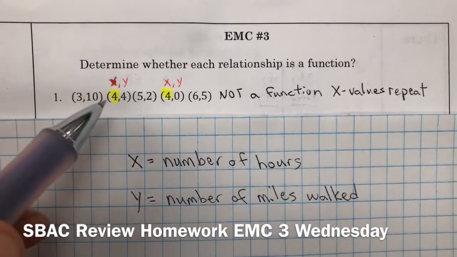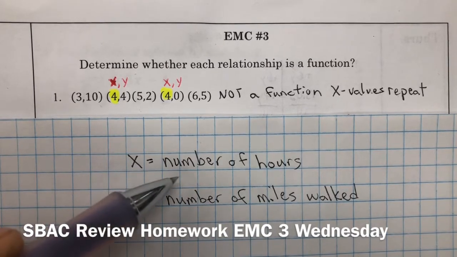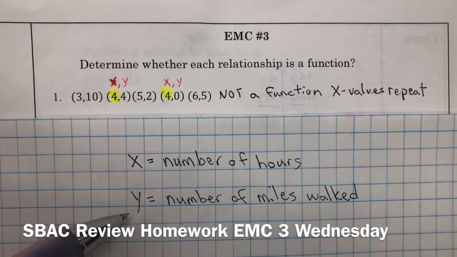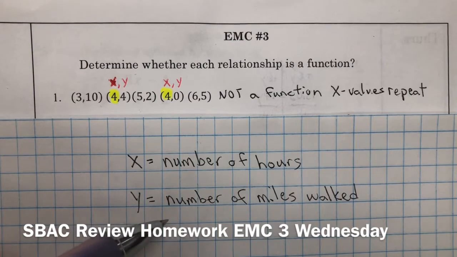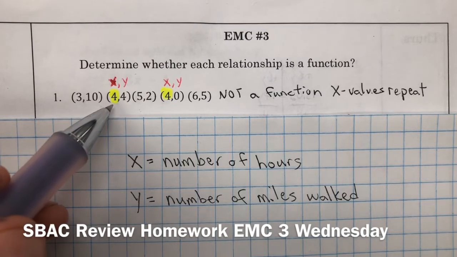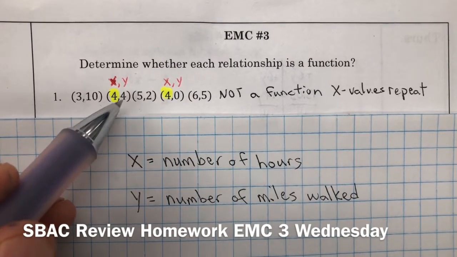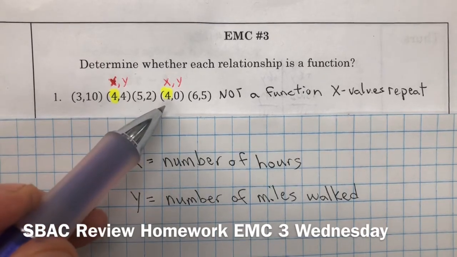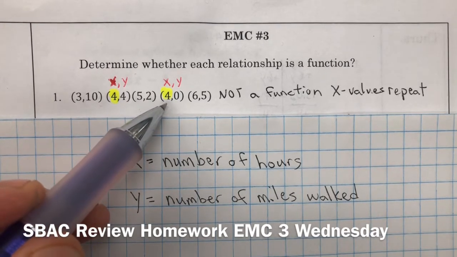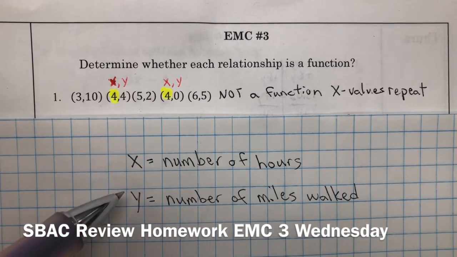Now, an easy way to visualize that is, let's say x represents the number of hours, and y represents the number of miles walked. So if in 4 hours I walked 4 miles, at the same time, is it possible for me to, in 4 hours, have also walked 0 miles? No, that's not true.